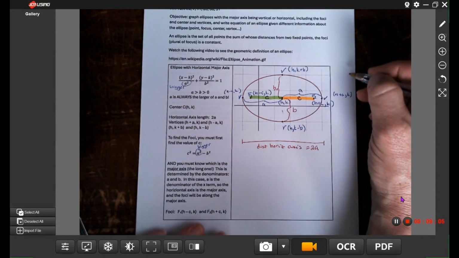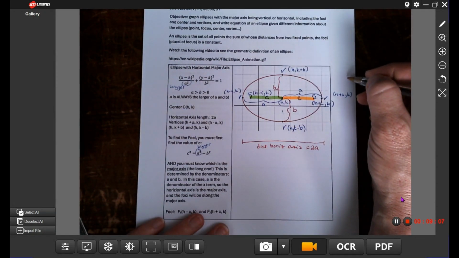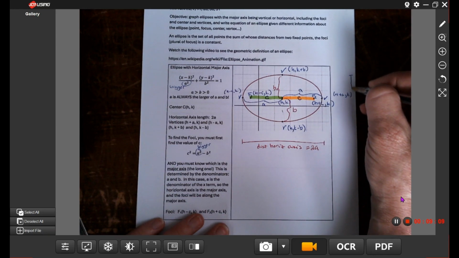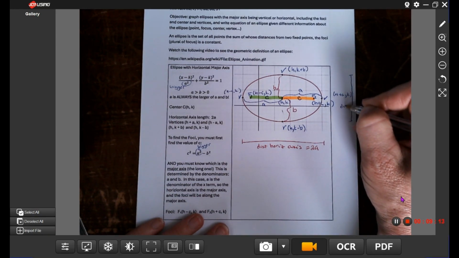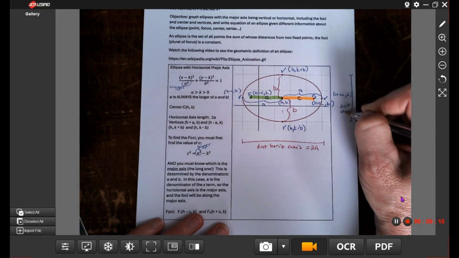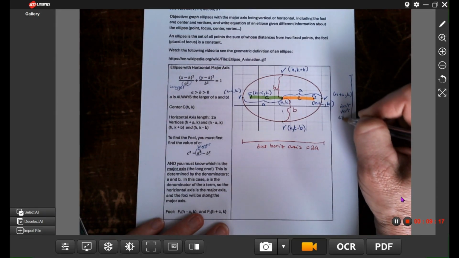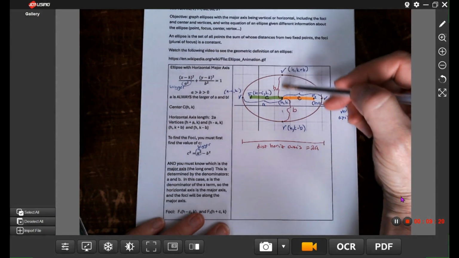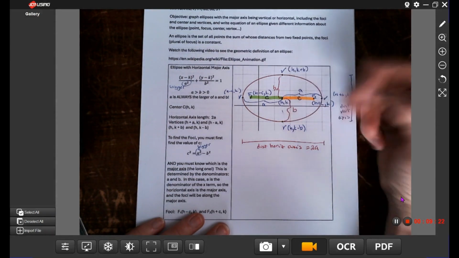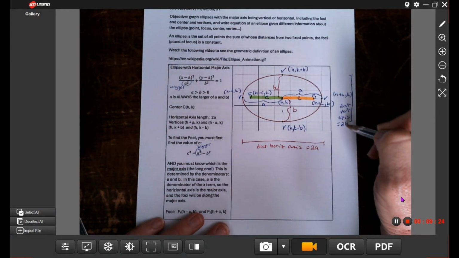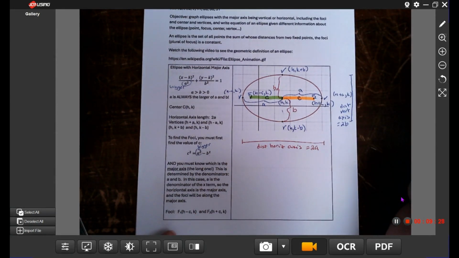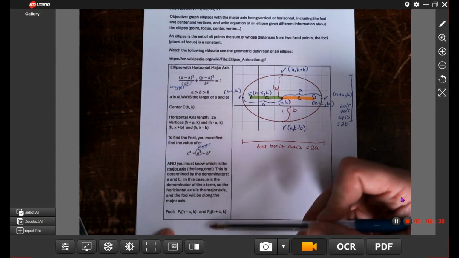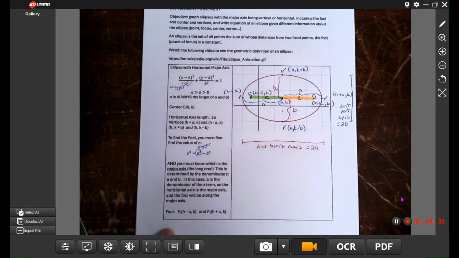That's between these two vertices. So the distance of the vertical axis is b, and then another b, so 2b. All right, and so that is all of the things.